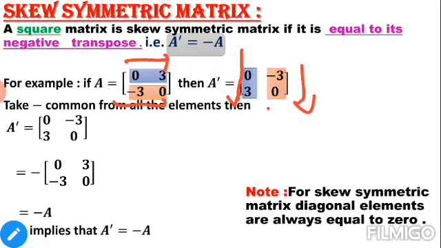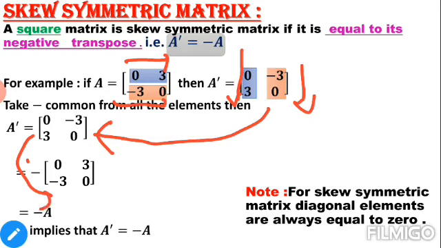But in this transpose, if you see, A transpose is equal to, if I take the minus common from all 4 elements, then 0 is going to be 0 only, because minus is common. From this minus 3 if I take common, it will become 3. This 3 will become minus 3, as you have taken the minus common.